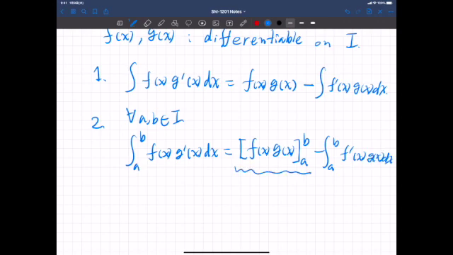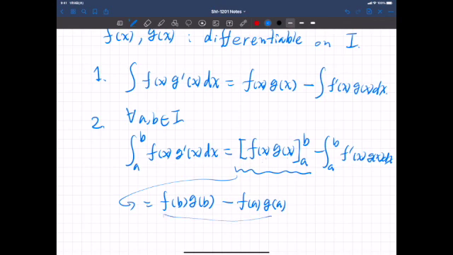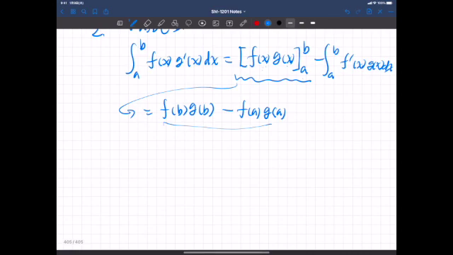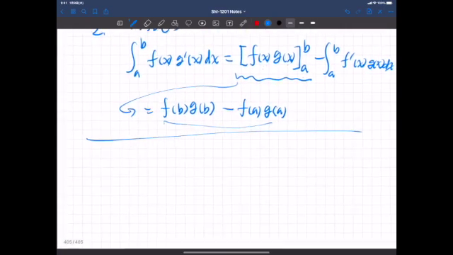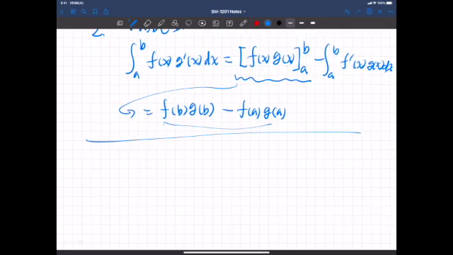And of course, this means f of b times g of b minus f of a times g of a. So first substitute b and then subtract the one with x replaced with a. So let's prove this, and again we prove only part 1, and part 2 is immediate from part 1.